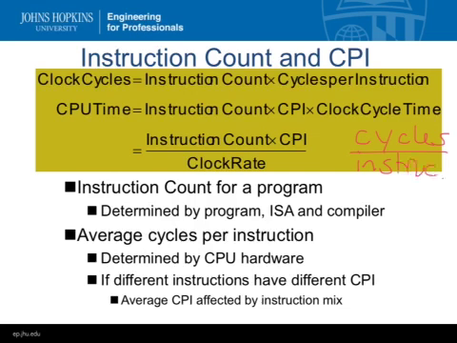We're going to talk about different kinds of architectures, and there are architectures that run all instructions in one cycle, but there are some that take more than a cycle for some instructions. That is dependent on the instruction set architecture and the compiler. And we can get an average cycles per instruction. If there's a collection of different kinds of instructions that take different numbers of cycles, we get an average.